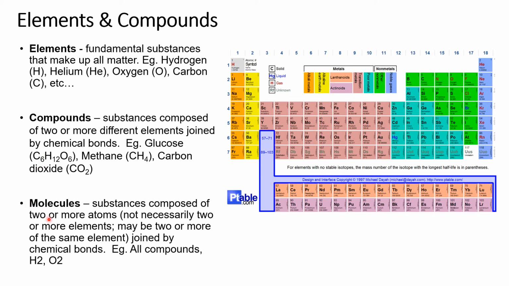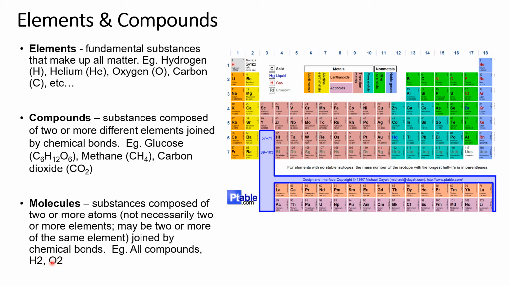A molecule is a little different because we're concerned with atoms. So if we look at this here, H2, there's only one element, hydrogen, but there's 2 of them. That means there's 2 atoms making up this molecule. And since there's 2 or more atoms, that's a molecule.